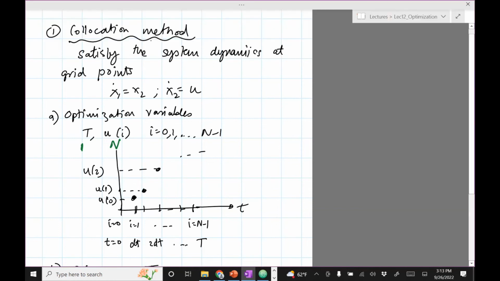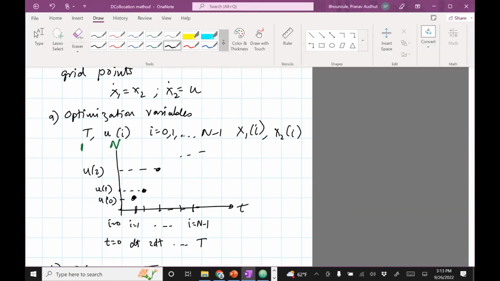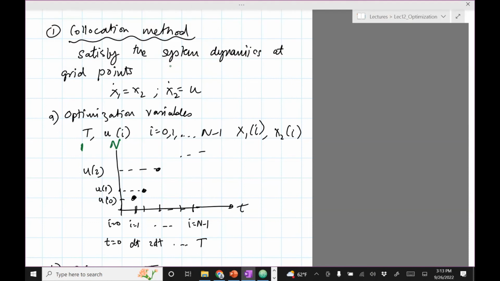So x1 of I and x2 of I will also be unknowns. So there'll be n here, n here. So we have 3n plus 1.